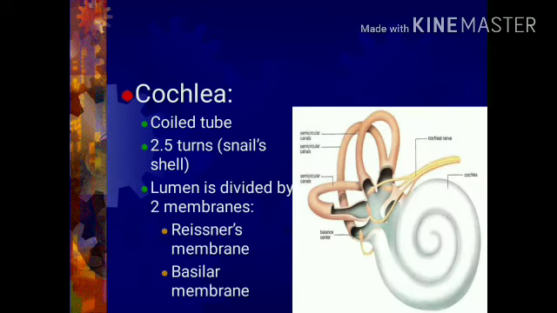The cochlea means snail's shell. It is a coiled tube which makes 2.5 turns. The lumen of the cochlea is divided by two membranes into three cavities, and the membranes are the vestibular membrane and the basilar membrane.